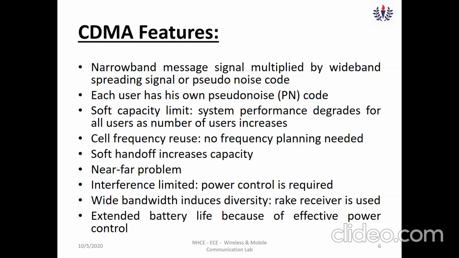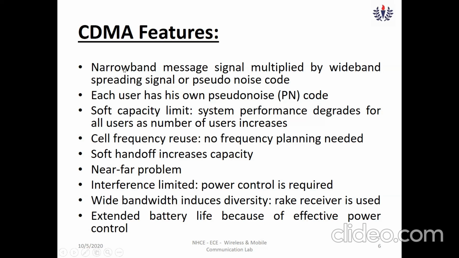So the whole utilization of the transmitter is not possible in the FDMA technique. That is called a soft capacity limit, which means the system performance, the transmitter's ability, degrades as all users try to access the transmitter.